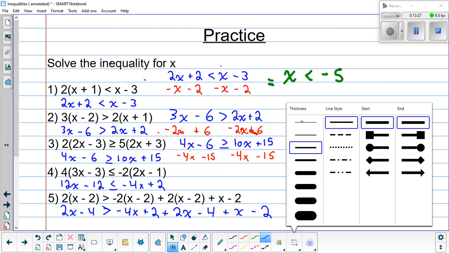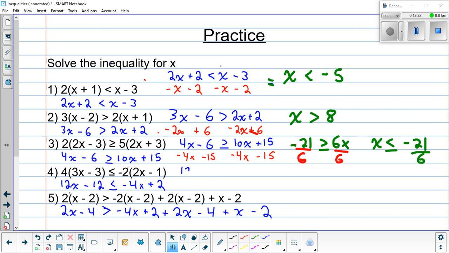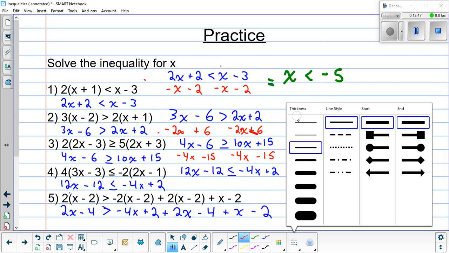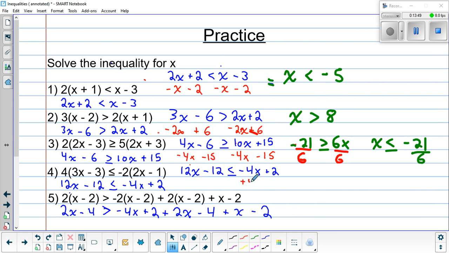Alrighty, 2 more to go. So here we have 12x minus 12 is less than or equal to negative 4x plus 2. Okay, so moving this negative 4x to the left will keep the x's positive. That means I have to move this negative 12 to the right. So, combining these together, what are we going to get?